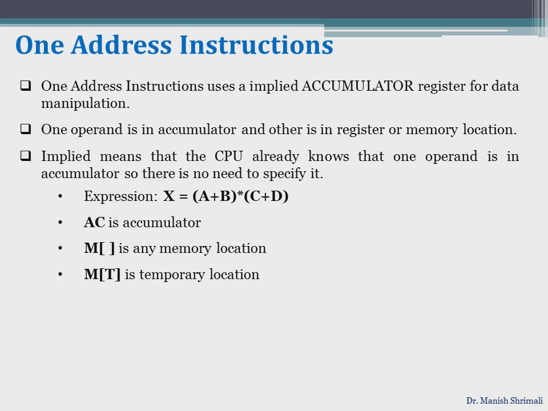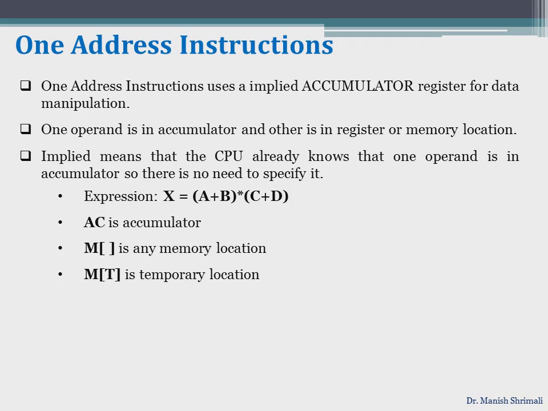The one address instruction uses an implied accumulator register for data manipulation. One operand is in the accumulator and the other is in a register or a memory location. Implied means that the CPU already knows that one operand is in the accumulator, so there is no need to specify it.